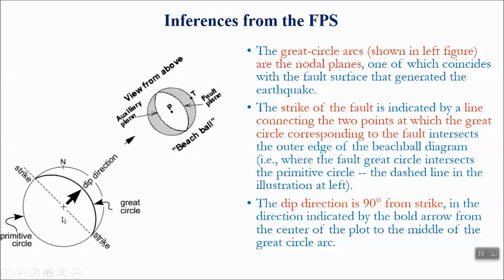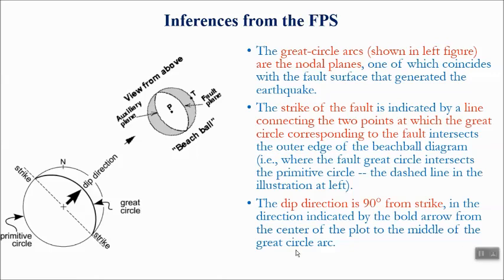If we join them with a line, that will give us the strike, and if we draw an arrow from the strike towards the great circle, that will give us the dip direction. It will be perpendicular to the strike. So if we know the fault plane, we can find out the dip and strike. Similarly we can find out the dip and strike of the auxiliary plane also, but of course that is not much important for us.